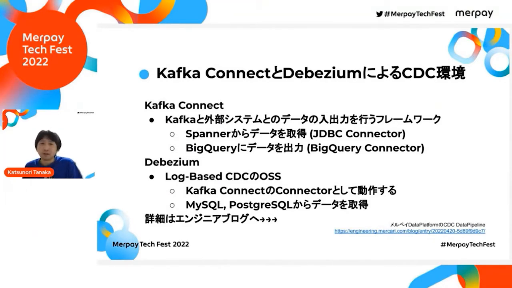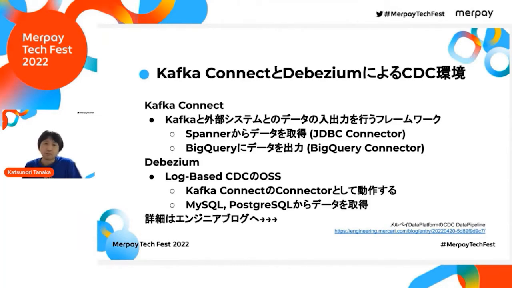Kafka Connect is a framework for handling data input and output between Kafka and external systems, allowing you to retrieve data from various data sources in the form of connectors and send them to Kafka, and vice versa. Merpay mainly uses the JDBC connector to get data from Spanner and the BigQuery connector to output data to BigQuery.